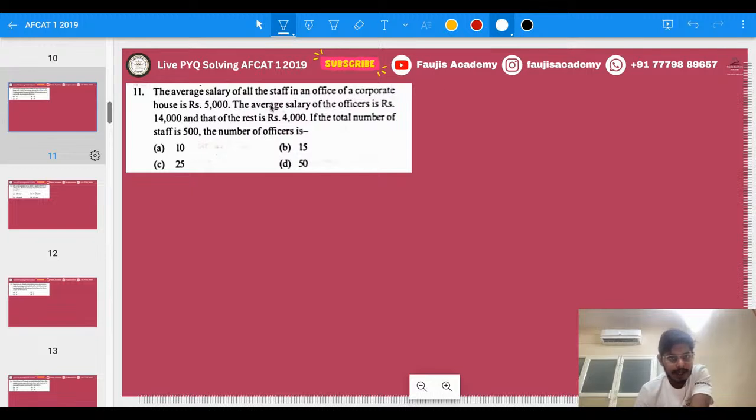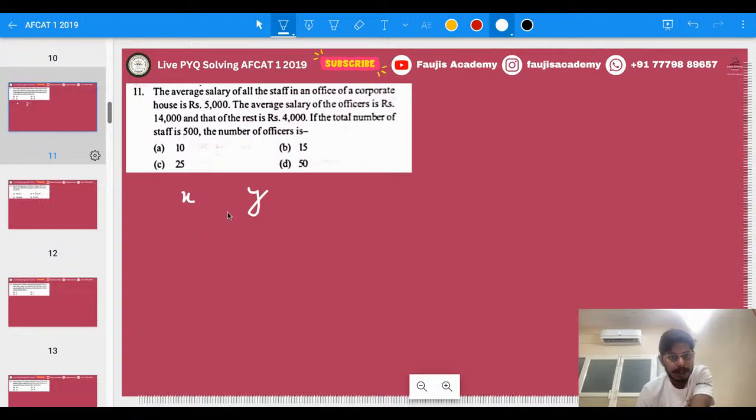The average salary of all the staff in a corporate office is 5K. Let's say the officers are X, other people are Y. The average salary of the officers is 14,000 and the rest of them is 4,000. If the total number of staff is 500.